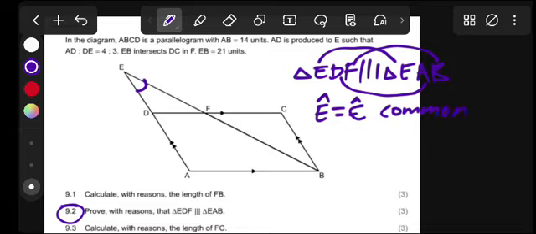All right, we have the common there. Again, angle DF like this must be equal to angle AB like this.